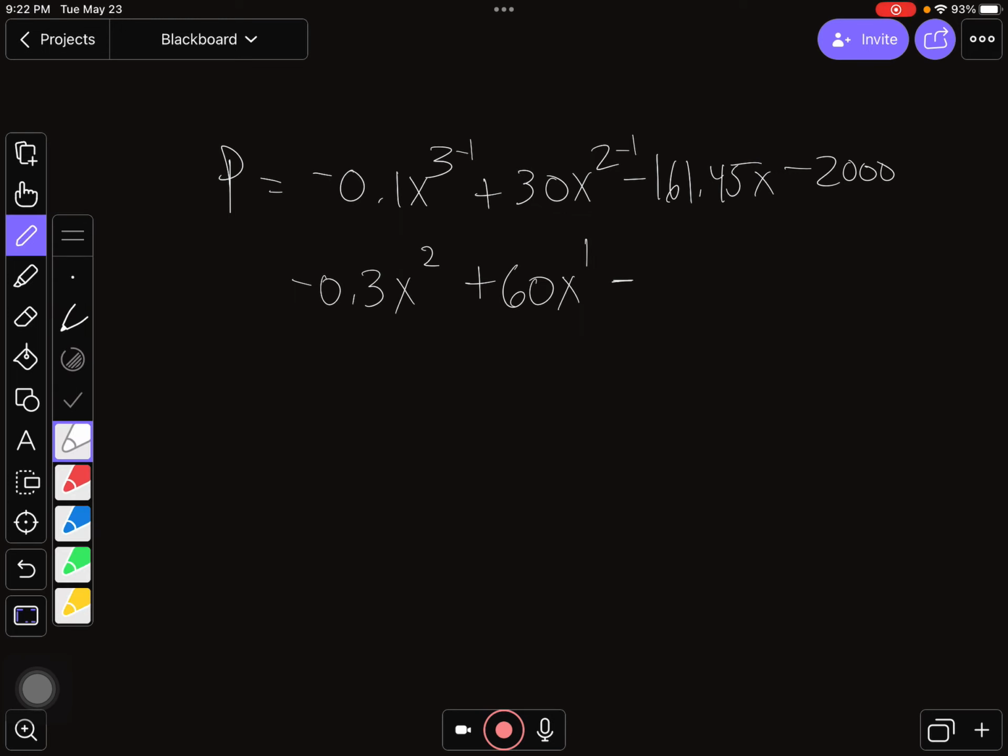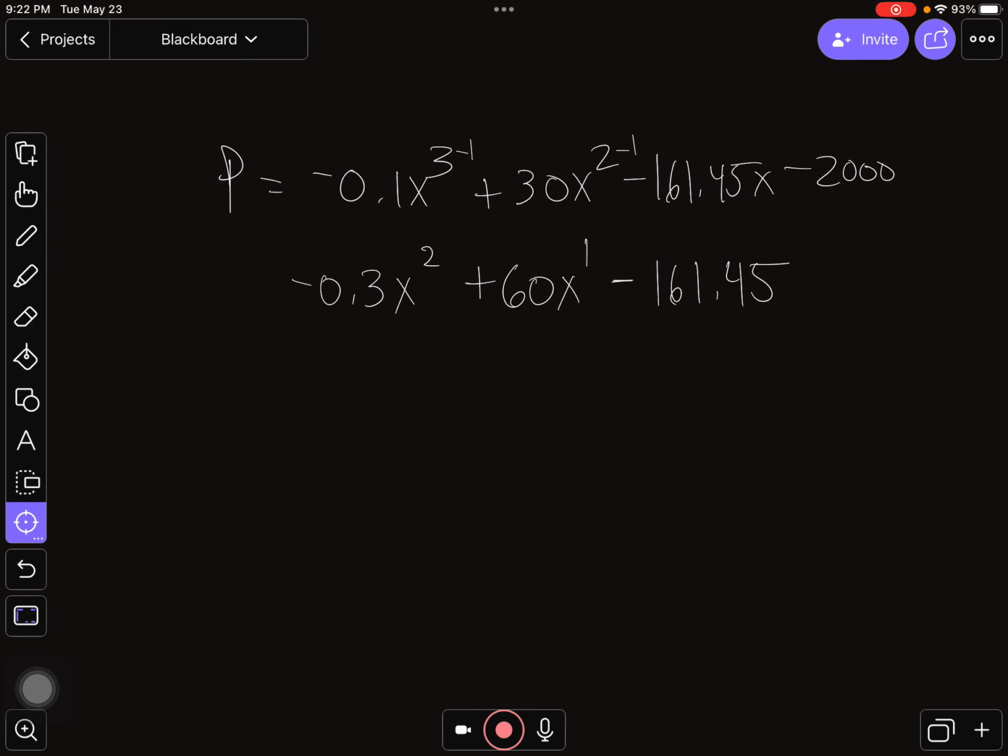So the derivative of that is going to be minus 161.45. And finally, the derivative of 2,000, as we've seen in the other problems, whenever you have just a number, it doesn't have an x or anything, it's just a 0.